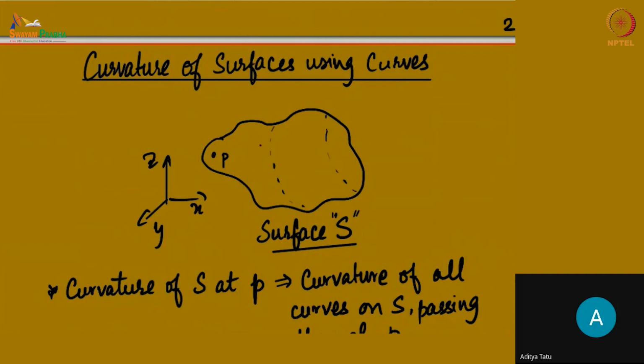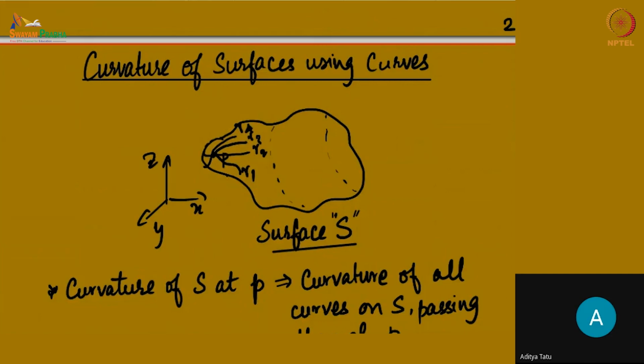The curves entirely lie on the surface, but they pass through the point P. So for example, this, and so on and so forth. All these curves, let's say gamma 1, gamma 2, gamma 3, gamma 4, and infinitely many more.